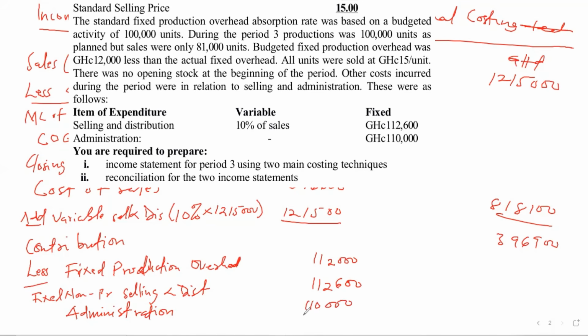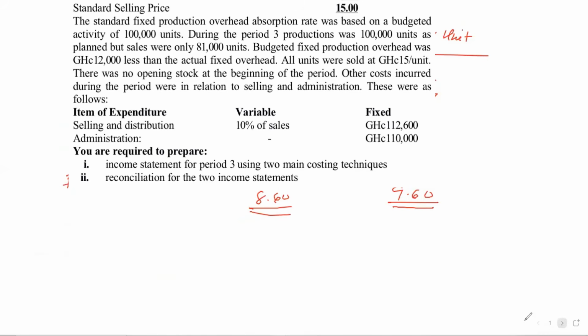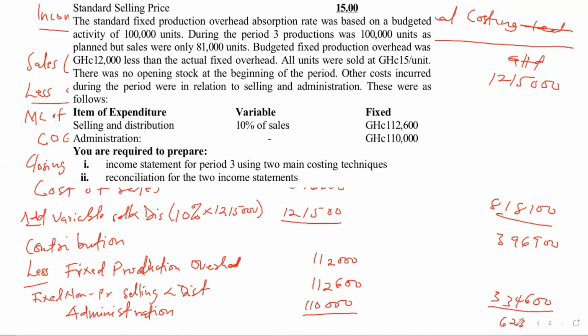So we add all here, then we move to this side, and you will get 334,600. When we less this, because you said we should less the fixed cost, from our contribution, we will get 62,300. Sorry, I think I have to bring it here.